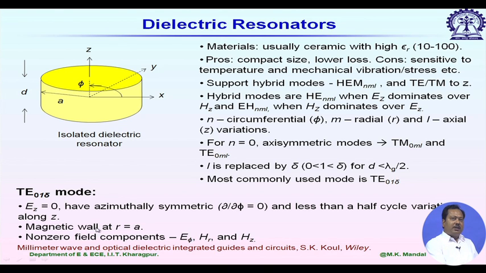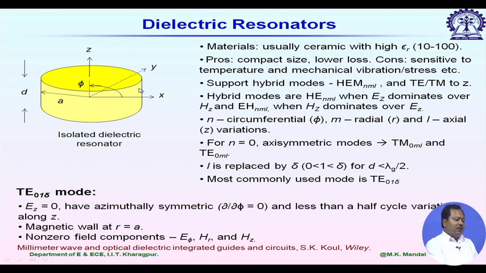Some characteristics of this TE 01 delta mode are written here. We do not have any del phi variation and less than a half cycle variation along Z, and not only that, on the dielectric air interface the electric field is parallel.